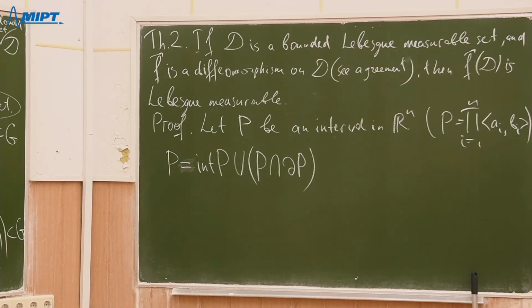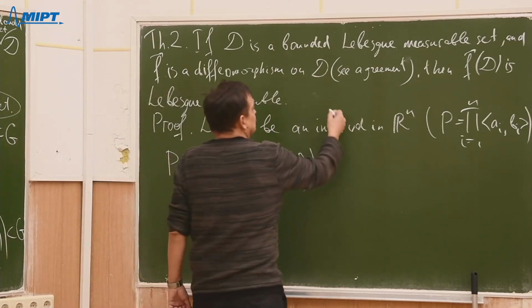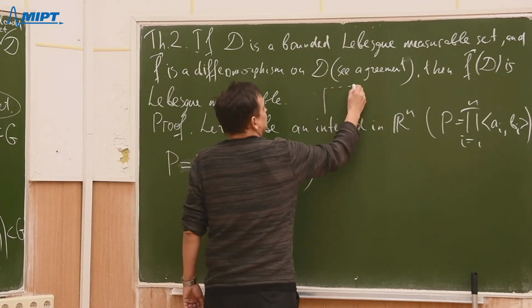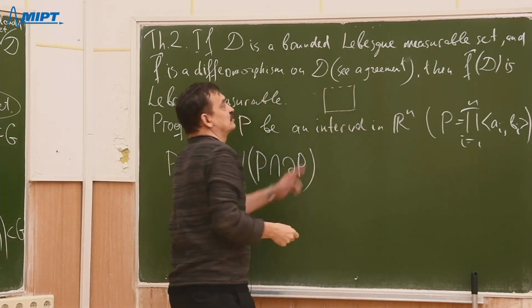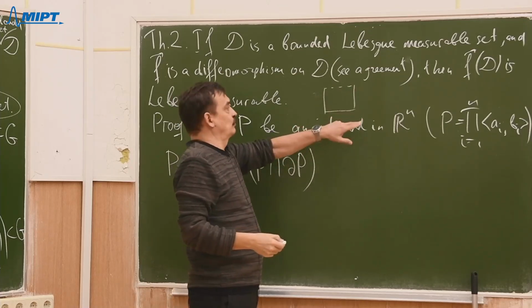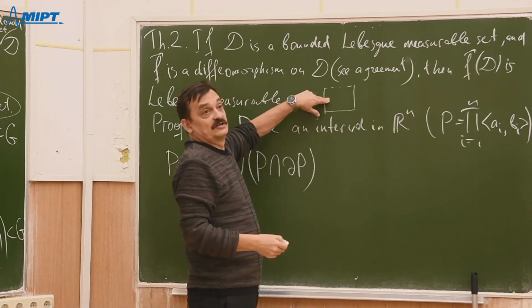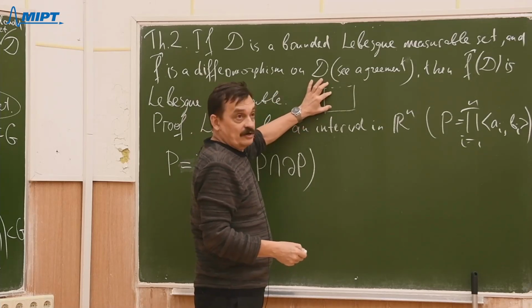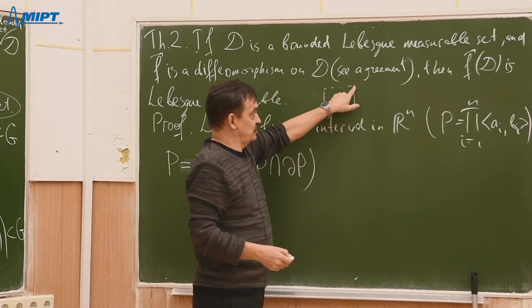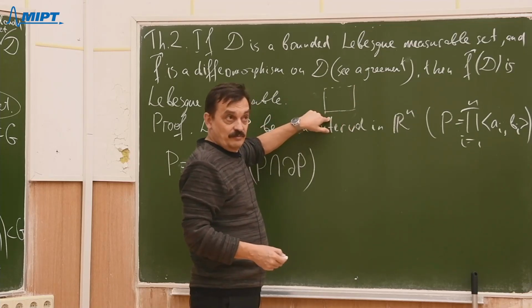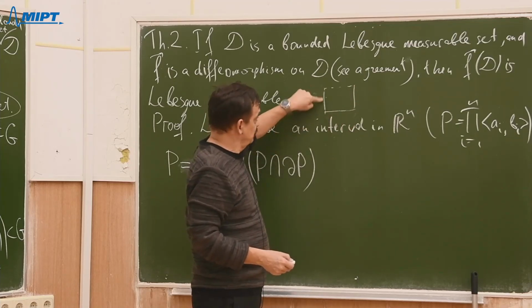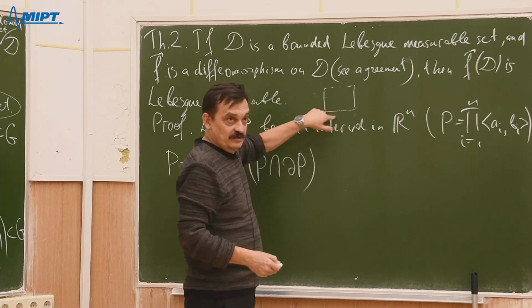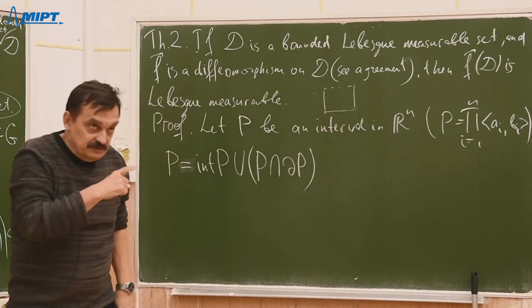So, in picture, if I have a part that is included, right? What is this? That is the interval in R2. So the interior plus the intersection of P with the boundary, right? So here it consists of three line intervals, right?